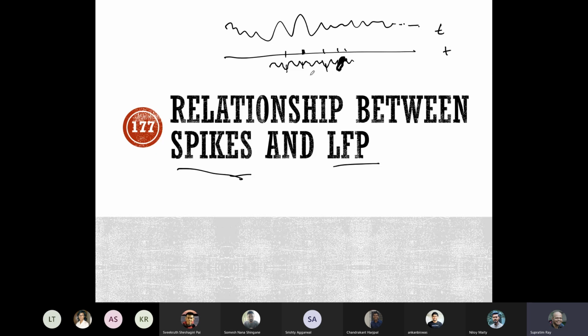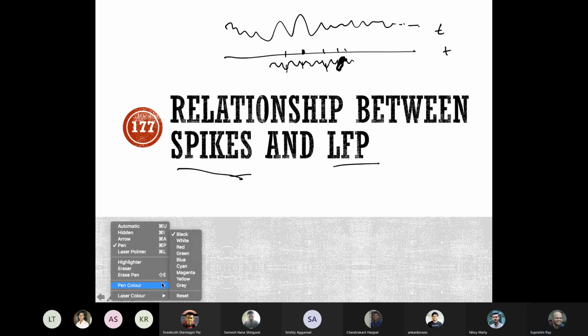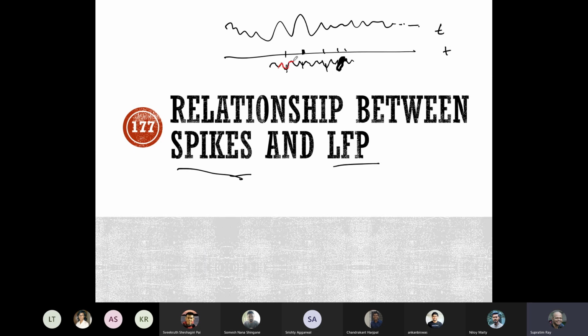Then suppose what I do is I take a small piece of the LFP signal around each spike, like so. And I'm going to just simply average all these pieces. So I align them.